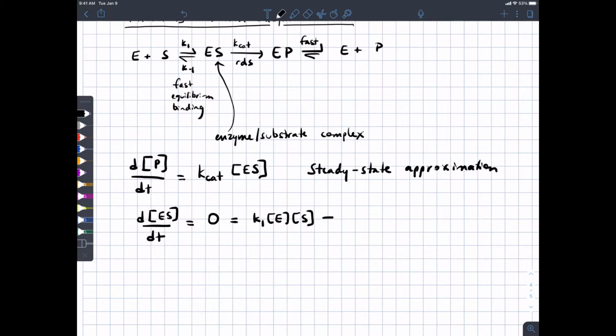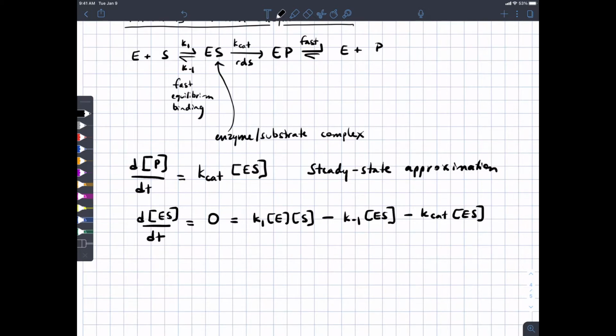Then disappearance of enzyme substrate complex would be this K-1 term, just the dissociation of enzyme and substrate. And then also the catalytic term, forward reaction of the enzyme substrate complex to give product.